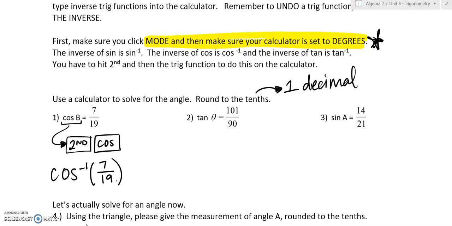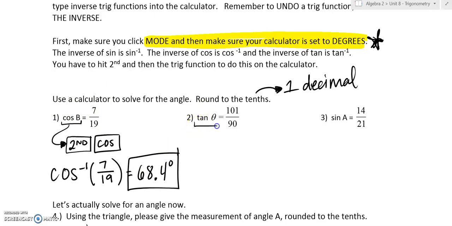And then you want to close the parentheses, and then you hit enter so it can do the work for you. It gives you a decimal. You want to go to 1 decimal place, so 68.4. You're looking for capital B. Capital B is an angle, so that means my answer needs to have that degree symbol. So this angle with this cosine value is 68.4 degrees.